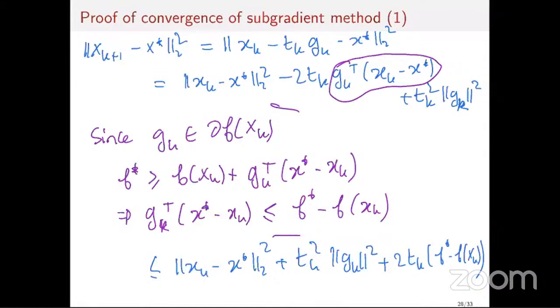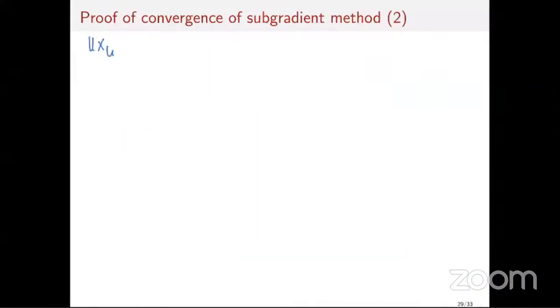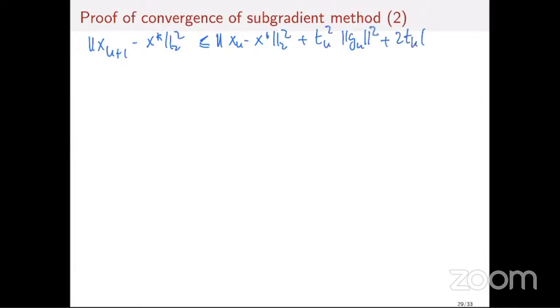So let's recap and rewrite this inequality. The norm of x_{k+1} minus x star squared is less than the norm of x_k minus x star squared plus t_k squared norm of g_k squared plus 2 t_k (f star minus f of x_k). Now I can apply the same type of bound on this term. I can bound it by the norm of x_{k-1} minus x star squared plus t_{k-1} squared norm of g_{k-1} squared, plus and so on.